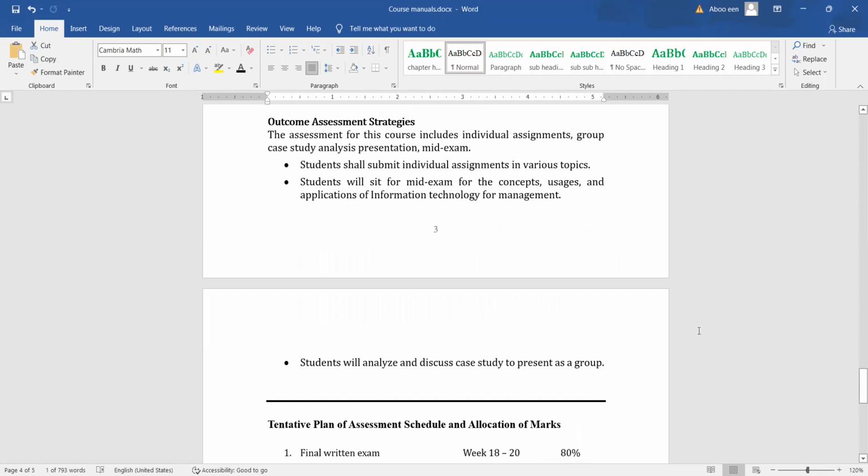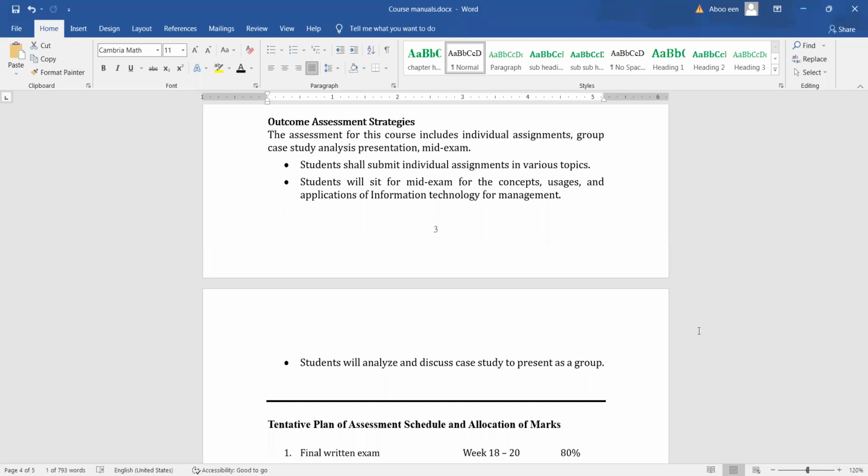Outcome assessment strategies. While you are learning this module, we have different types of assessment methods. The assessment for this course includes individual assignment, group case study analysis, presentation, midterm test, and final examinations. Students shall submit individual assignments on various topics. I will give the individual assignment topic and you have to submit it.